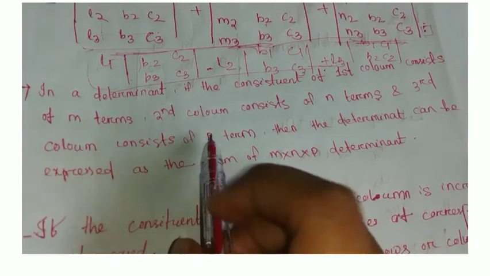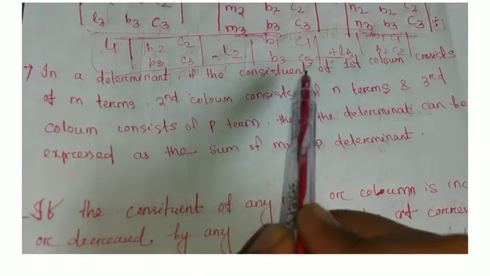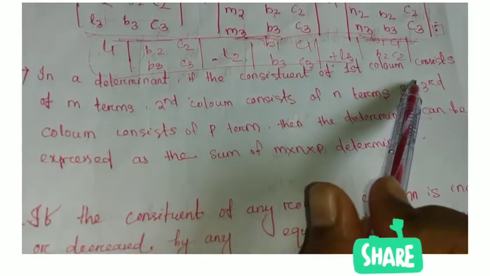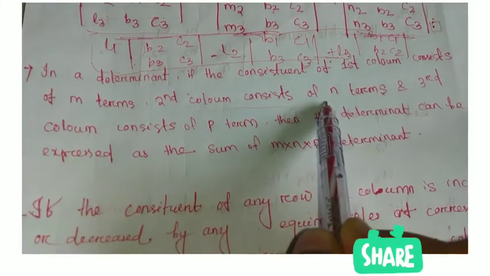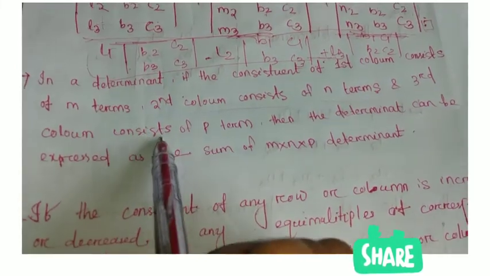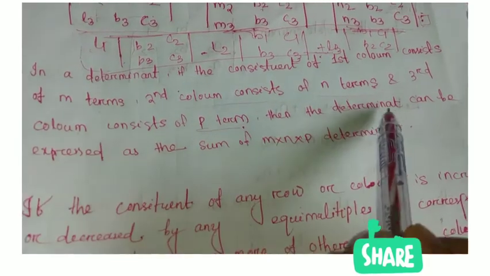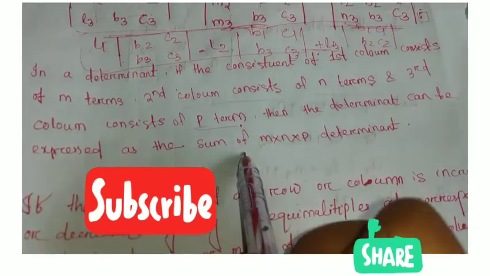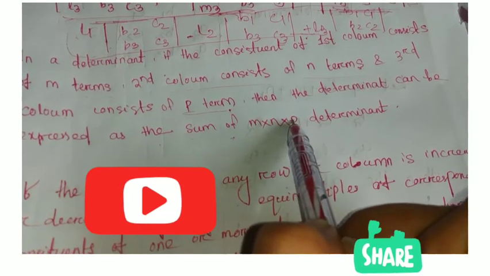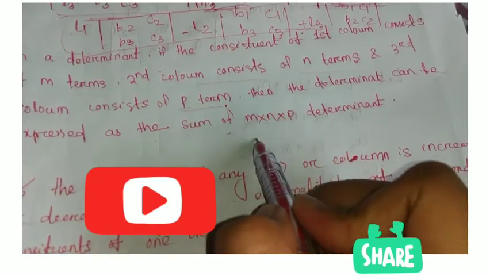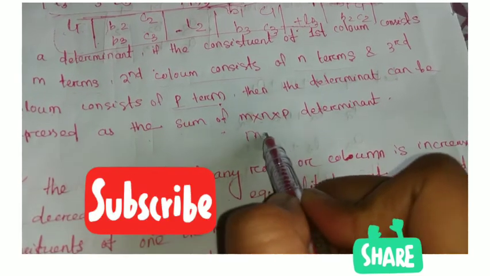And note, in a determinant, if the constituent of the first column consists of m terms, the second column consists of n terms and the third column consists of p terms, then the determinant can be expressed as the sum of m cross n cross p determinants. Here cross means multiplication, m into n into p.